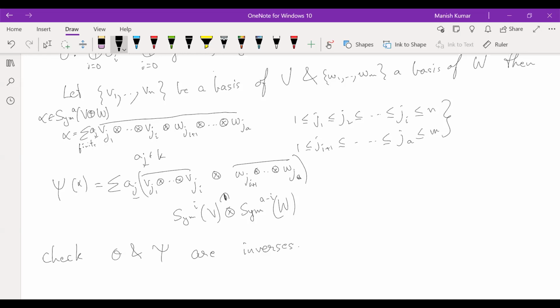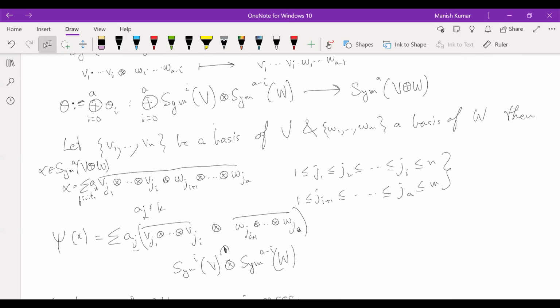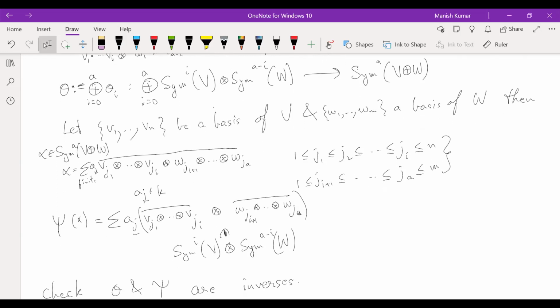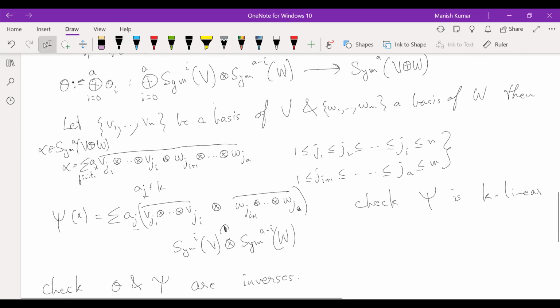So C, we have defined it, and the way we have defined it, it is linear. So check C is K linear. And then the point is theta and C are inverses to each other.